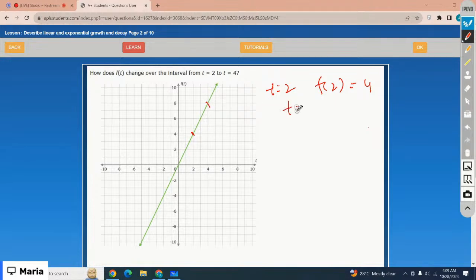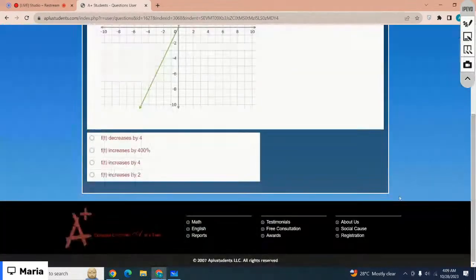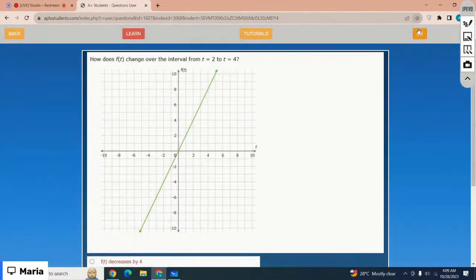When t equals 4, f of 4 equals 8. So f of t increases by 4, right? The correct option is: f of t increases by 4.